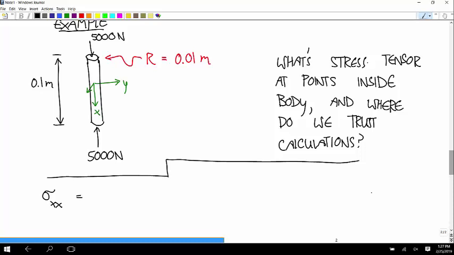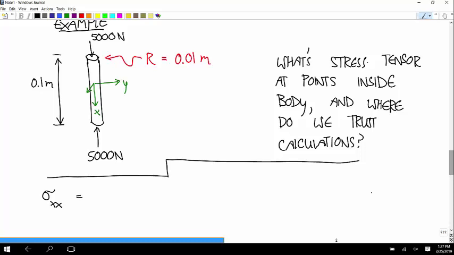On the positive x and negative x faces, we have loads in the x and negative x direction. Are those loads positive or negative?